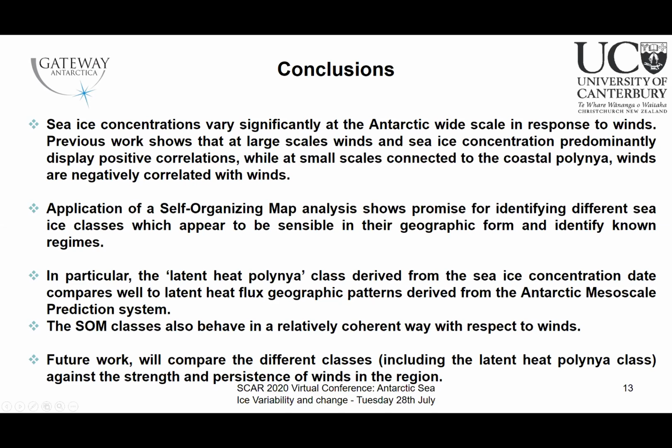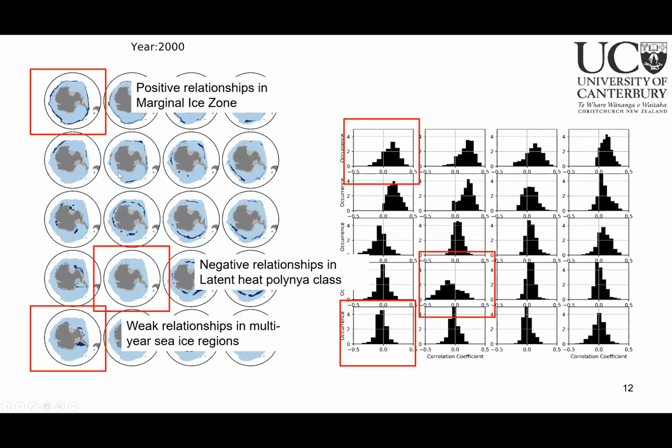Adrian, could you go back one slide to this one? It's a really interesting result. Your top left is your marginal ice zone, at the end of the season. I'm looking at your histograms to see how many of them have positive correlations, and they're all the marginal type plots.